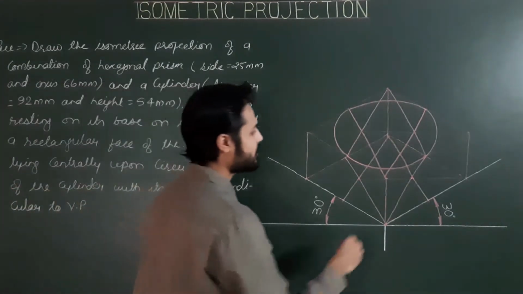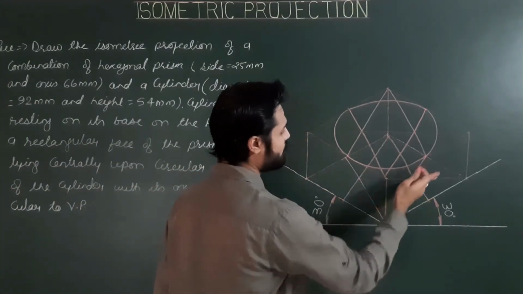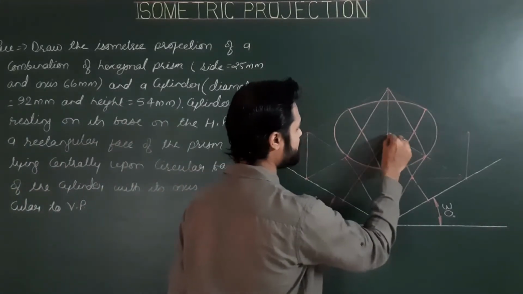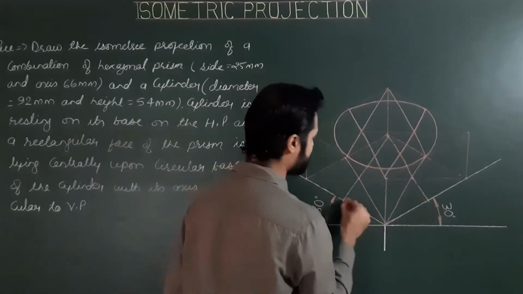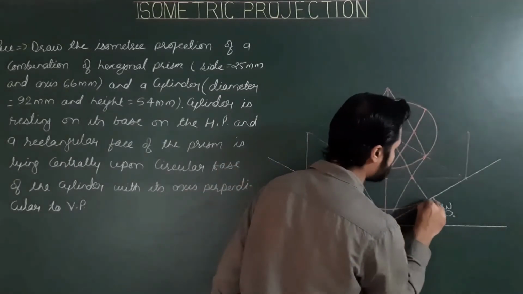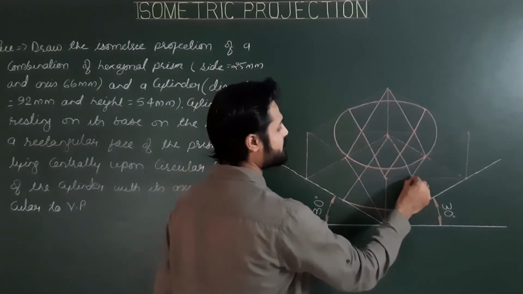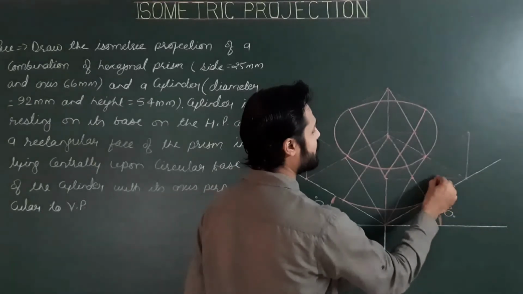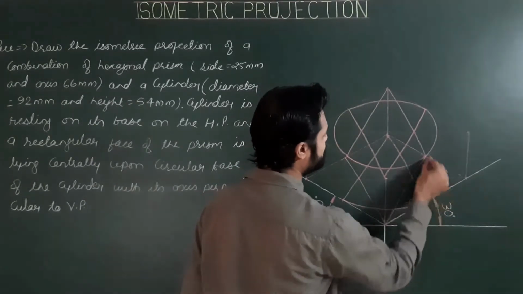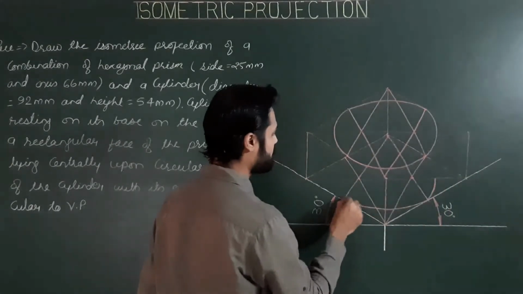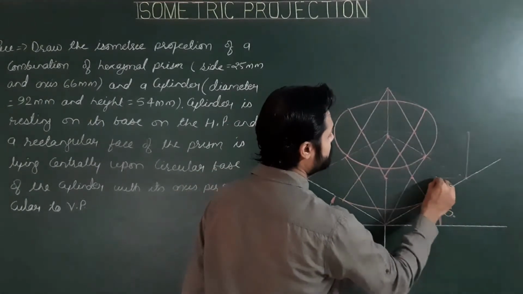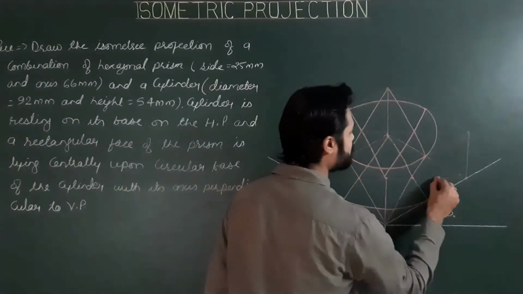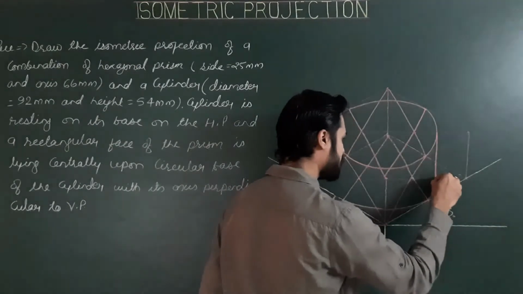Now, we know that only the front portion of the bottom circular base will be visible. So from the first center, this is the radius, and the first part is visible. Now from the second center, this is the second radius, only half of this circular arc will be visible, and after this point the generator will dominate.